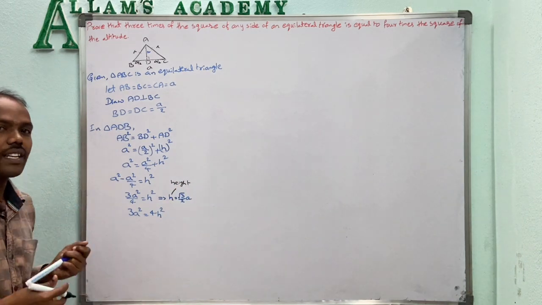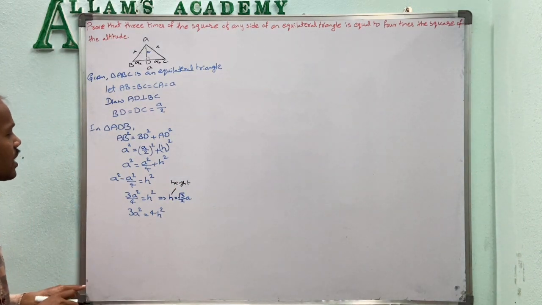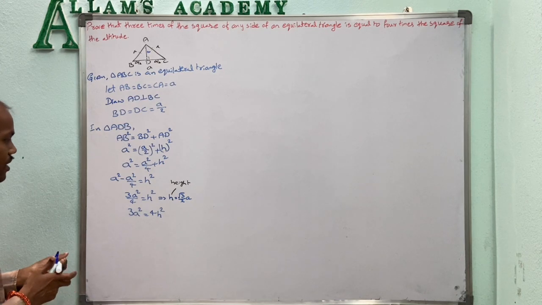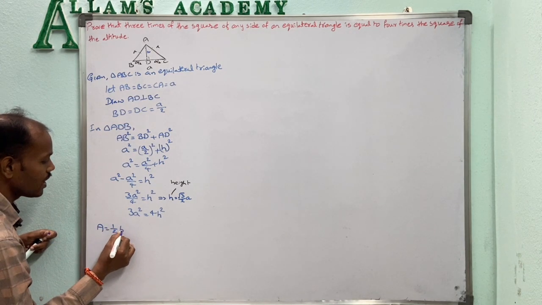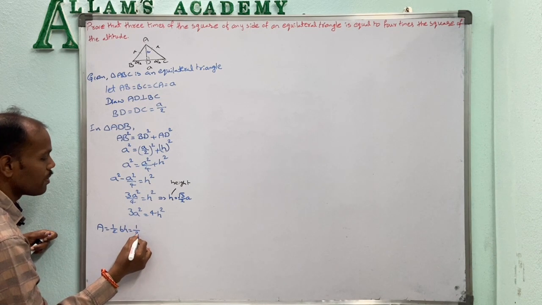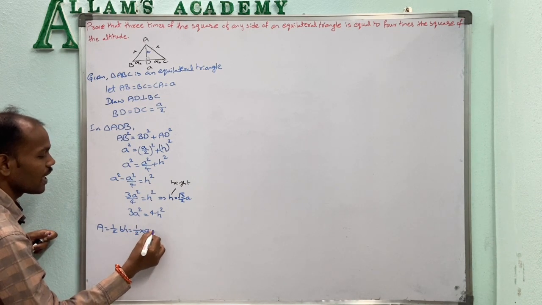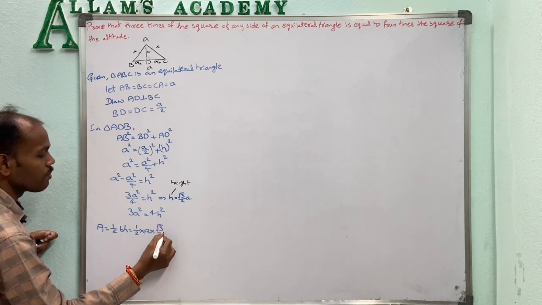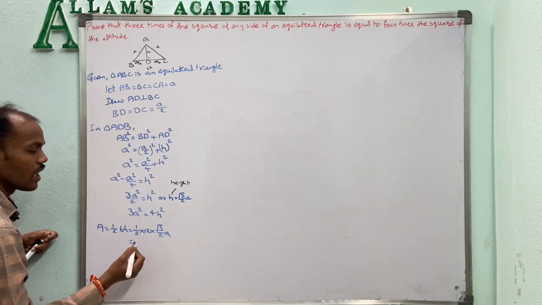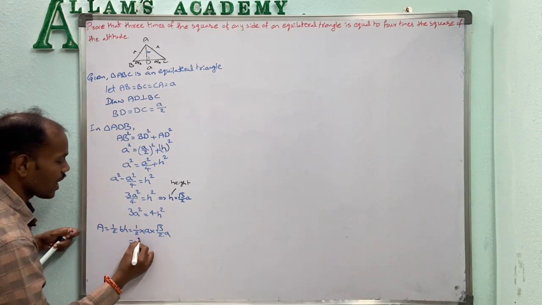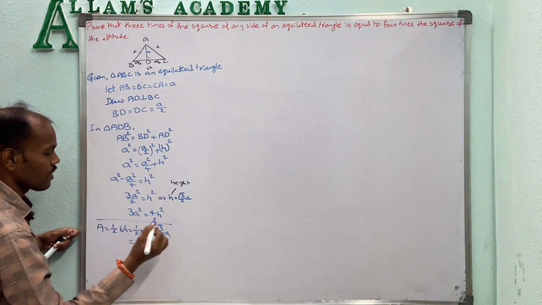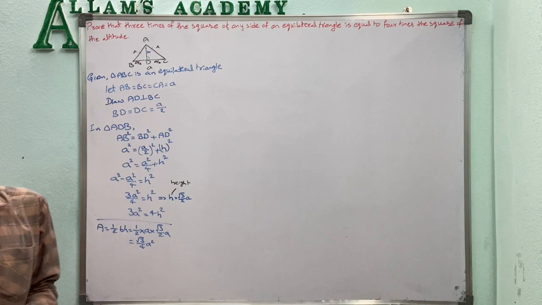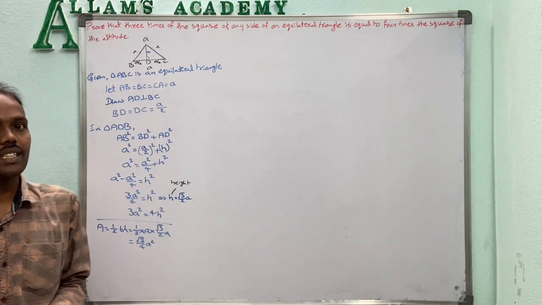If we find the area of an equilateral triangle, area equals half base into height. Here the base is A and height is root 3 by 2 A. So the area of an equilateral triangle equals root 3 by 4 A square.